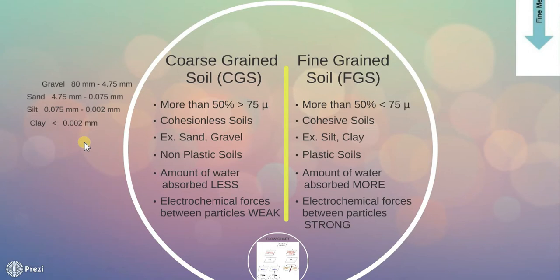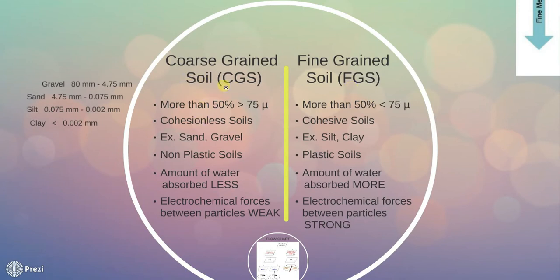Widely, I can divide soil particle size in two types as coarse grained soil and fine grained soil. They are also known as CGS and FGS. I'll tell you CGS attributes first and then we will go to FGS.